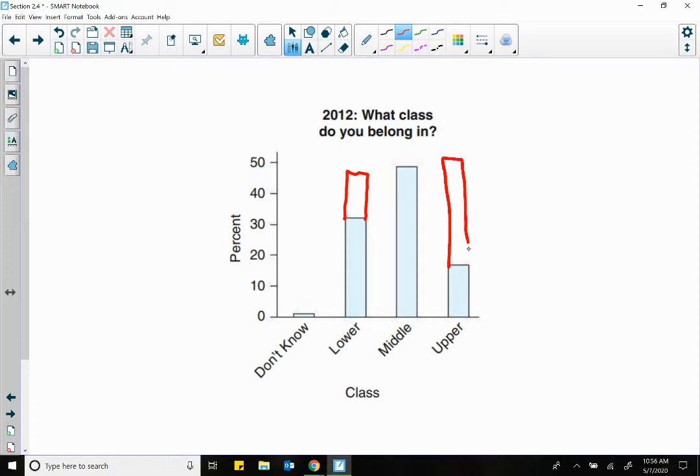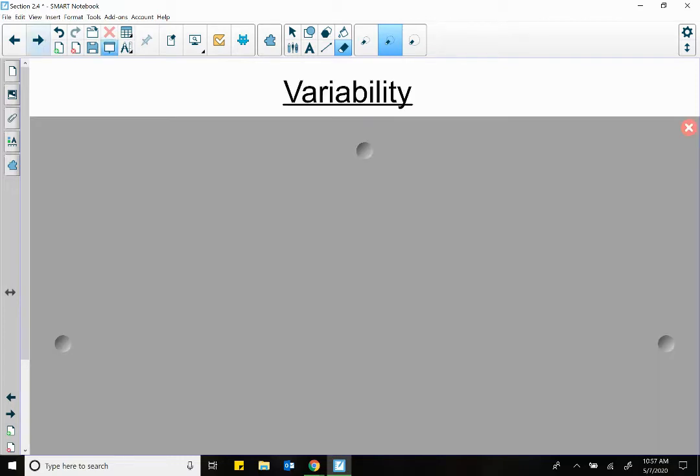So maybe this one's just a little bit bigger. So again, here these would be multimodal. Okay. So that's the idea of having more than one mode, because maybe on your bar chart you have some bars that are really, really close to each other in height. Okay.